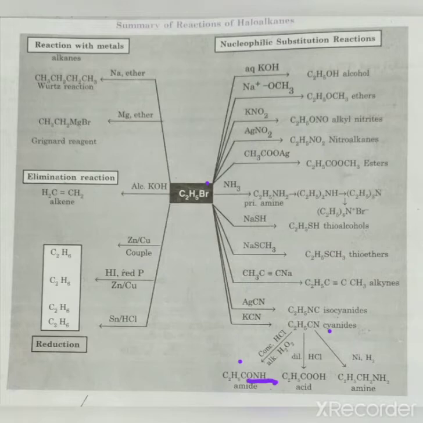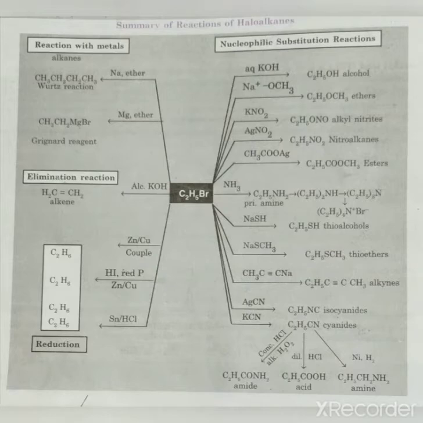When it undergoes complete hydrolysis, it gives rise to acid, and when it undergoes reduction, it gives rise to amine. You can see the carbon numbers are not changing, it is C2H5 C. This C becomes CH2NH2 by the addition of hydrogen, that is reduction. So this is all the reactions we have discussed.